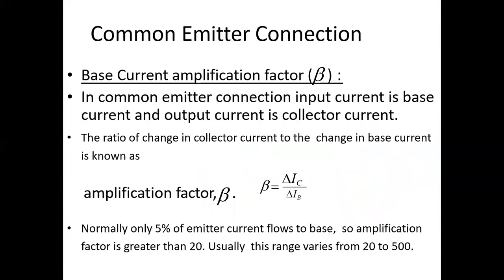For common emitter connection, we have the base current amplification factor, denoted by beta, which is the ratio of the change of the collector current to the change of the base current, that is beta is equal to del IC divided by del IB. Normally only 5% of the emitter current flows to base, so the amplification factor is greater than 20. Usually this range varies from 20 to 500.